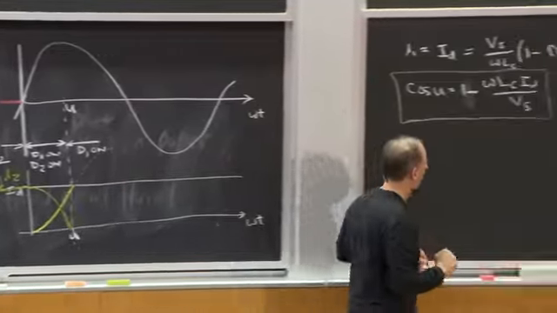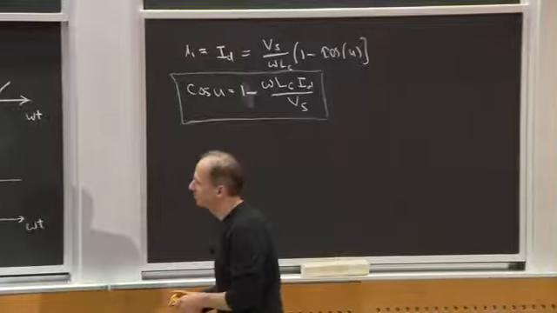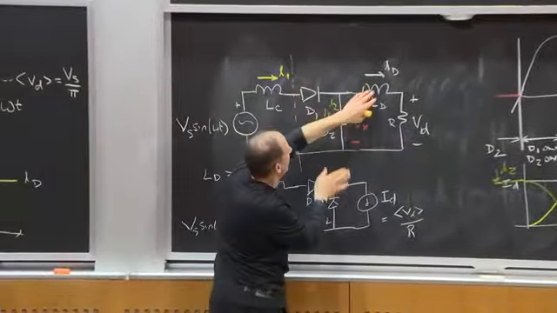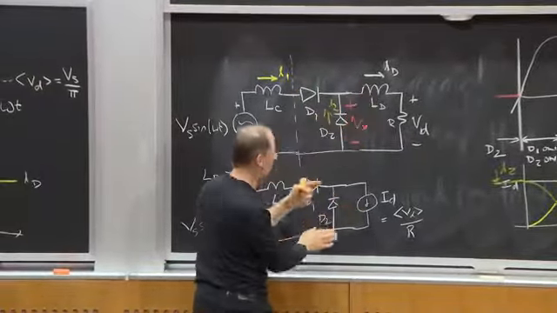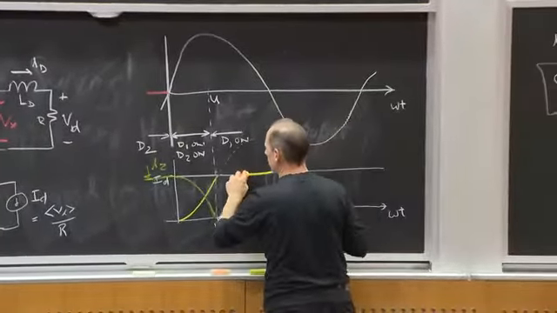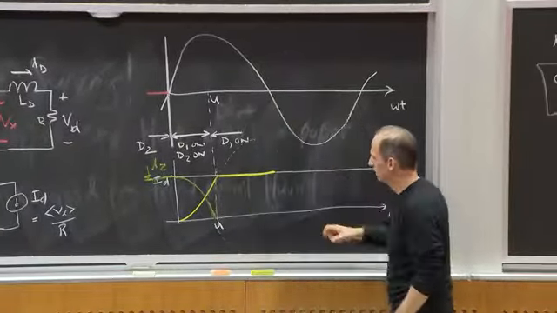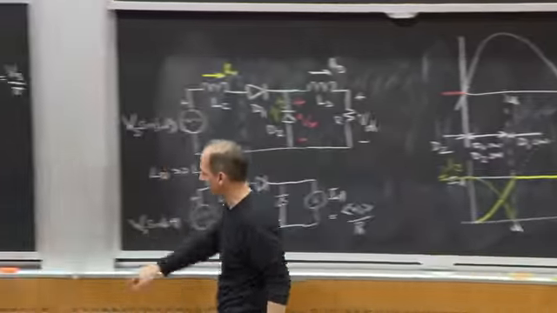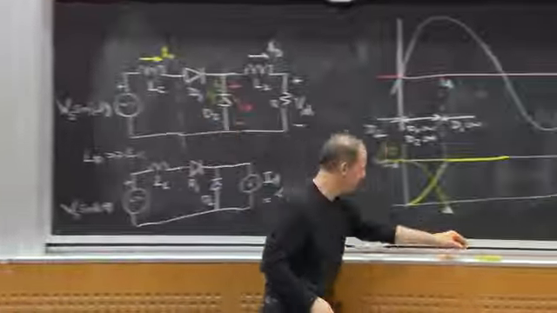If I were to draw what's going to go on now, I have D1 on, D2 off. I have a constant current out here, right, that's now going to go through D1, and I'm carrying a constant current.